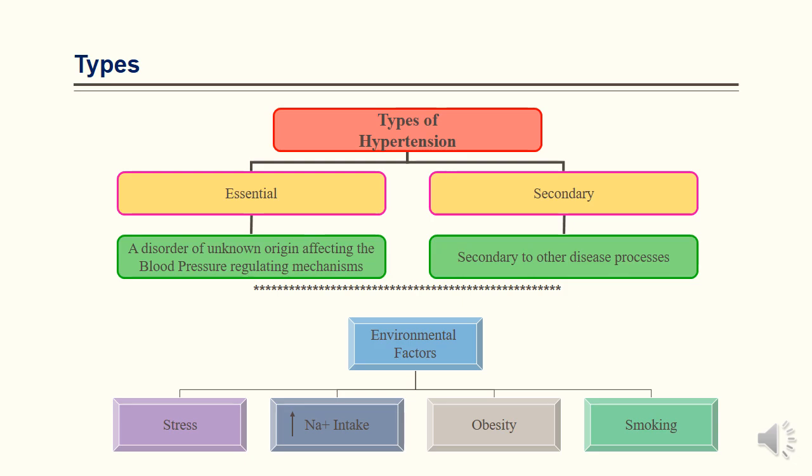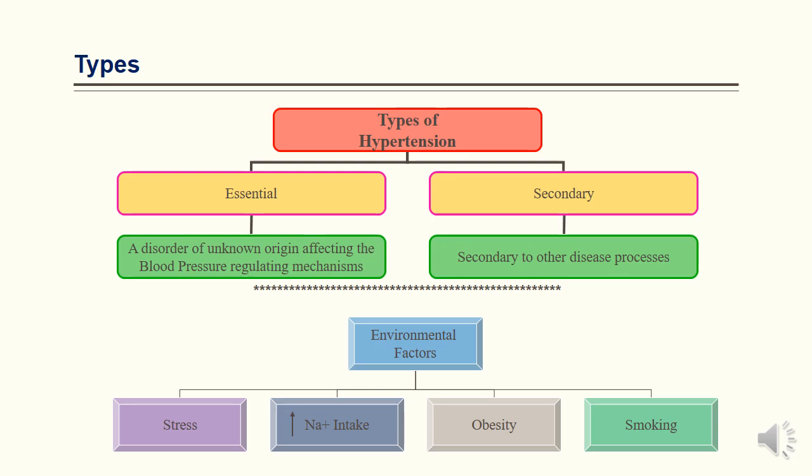Essential or primary hypertension may develop as a result of environmental or genetic causes, meaning a disorder of unknown origin which affects the blood pressure regulating mechanism. And secondary hypertension has multiple etiologies, like renal, vascular and endocrine causes.